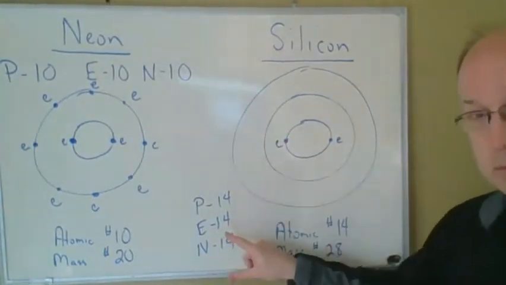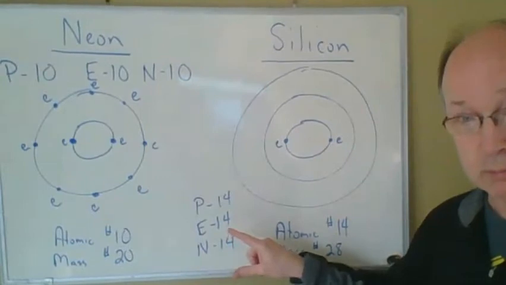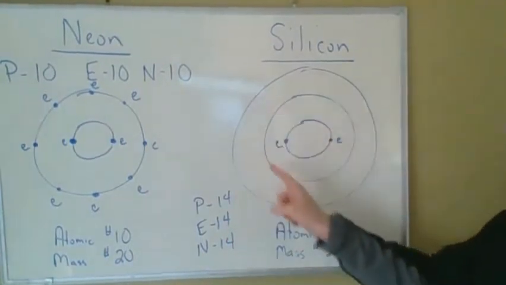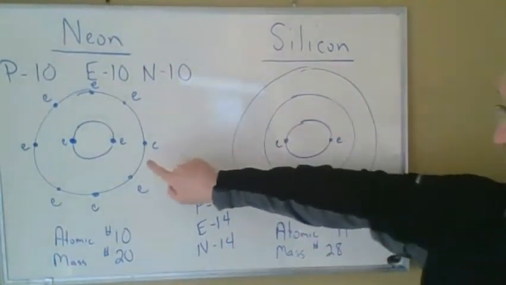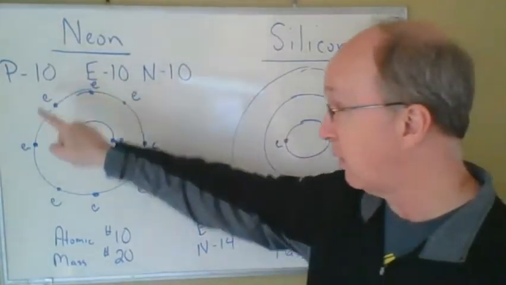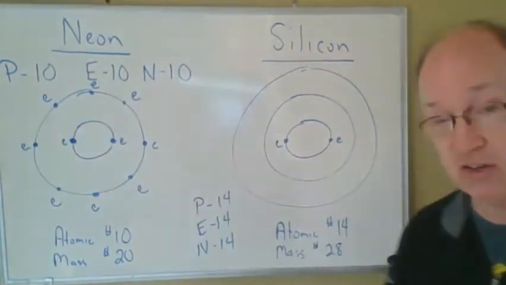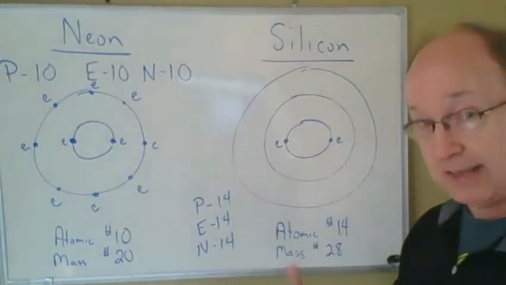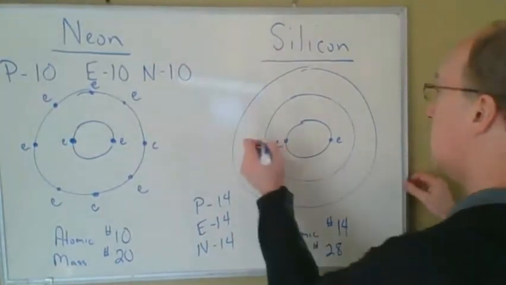We need 14, so we need 12 more. The second energy level can hold how many electrons? 8, remember? 1, 2, 3, 4, 5, 6, 7, 8. The second energy level can only hold 8. So let's draw 8.